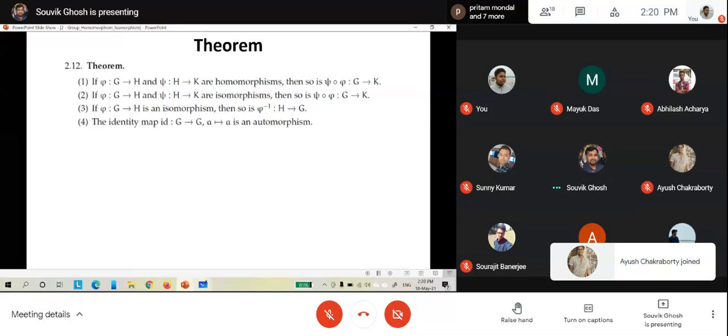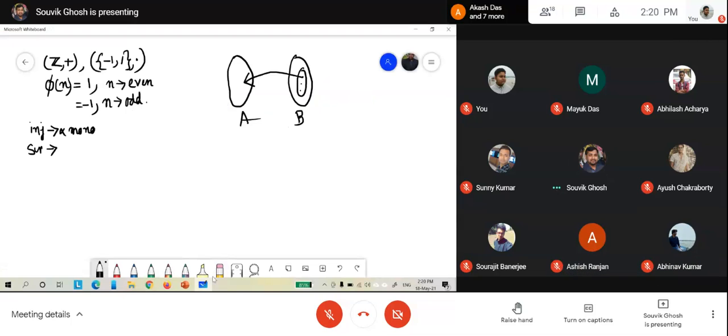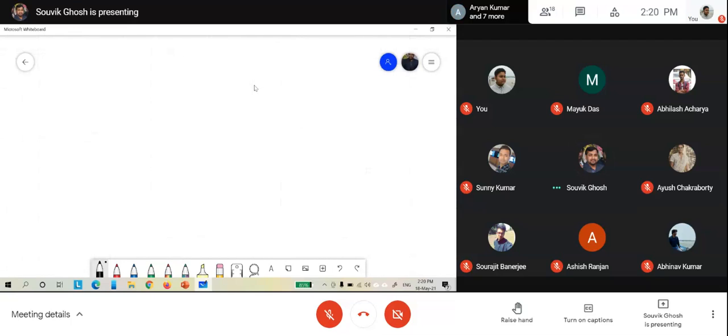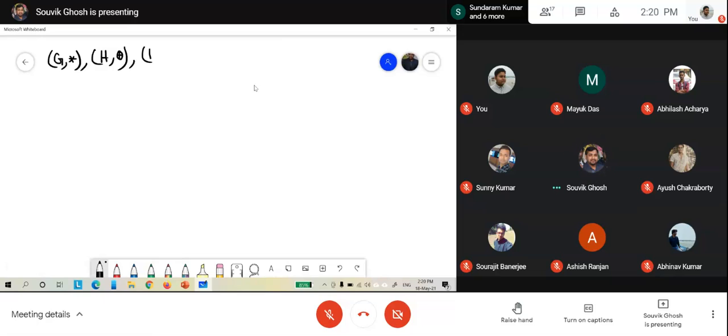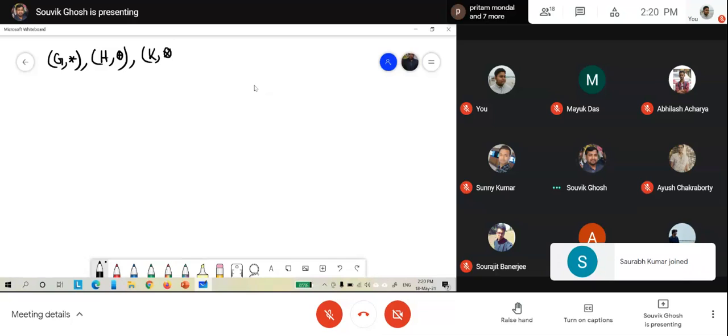So we have three groups with us: G with operation star, H with the Kronecker product, and K with the Kronecker sum.